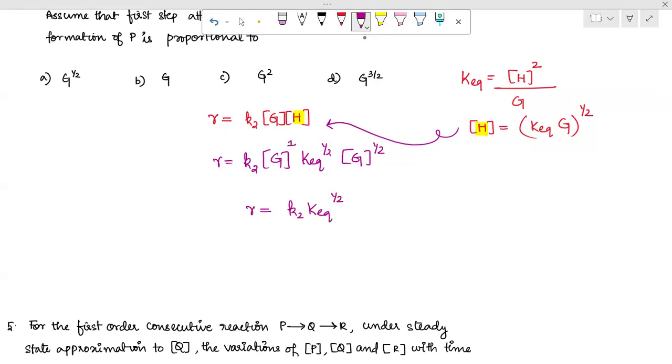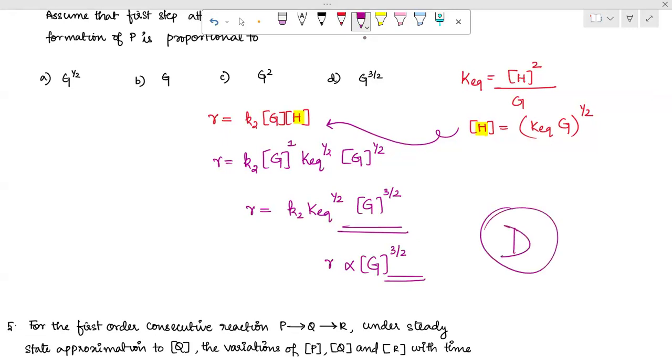This is G to the power 1, this is G to the power 1 by 2. In combination, you will get it as G to the power 3 by 2. The correct answer is the rate of the formation of the product P is directly proportional to G to the power 3 by 2, option B.